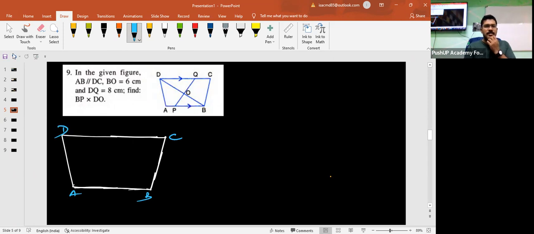Have they mentioned it is a trapezium? They haven't mentioned, but they are giving you a hint that it is a trapezium. How? One pair of opposite sides is parallel to each other. Yeah, so it's a trapezium. Then BO is equal to 6 centimeters. Okay, I need to connect a few more points. Here is your P and here is your Q. Let me connect P with Q. Then we have the diagonal BD.